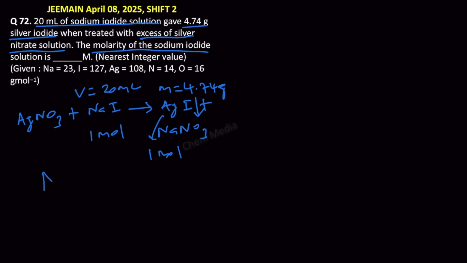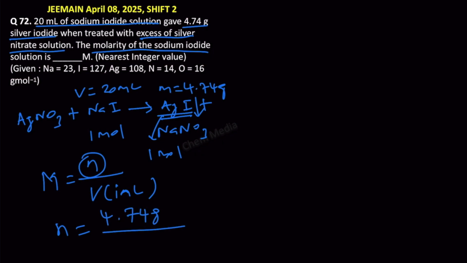And we know that molarity is equal to number of moles divided by volume in liters. So, let us figure out the number of moles of silver iodide. Number of moles of silver iodide is equal to 4.74 gram divided by molar mass of silver iodide, 127 plus 108, that is 235 gram per mole.